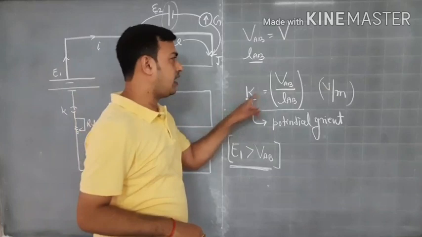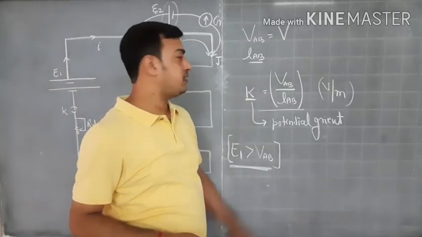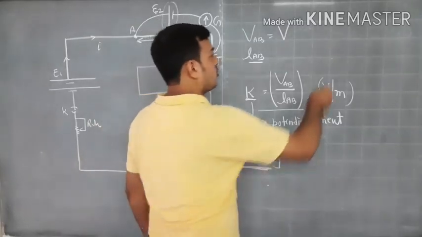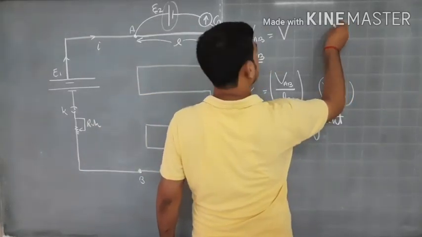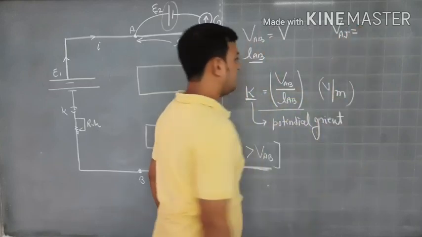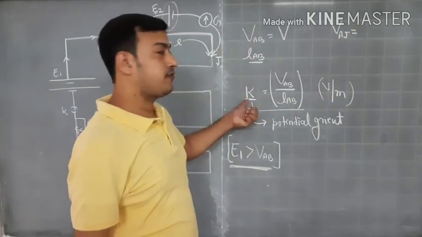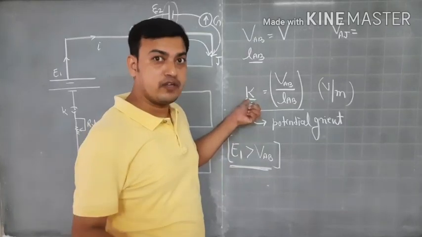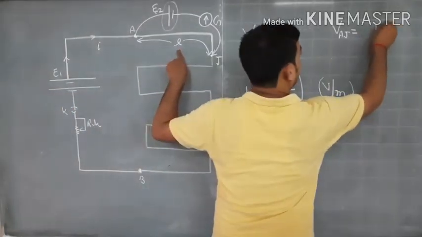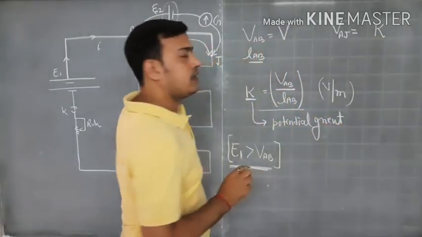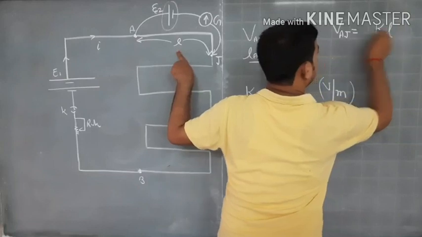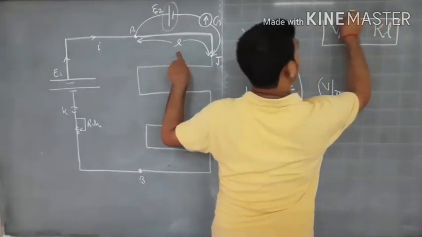So we know that K is the potential gradient. It tells the voltage drop per unit length. Now we will apply the unitary method: if K is the voltage drop per unit length, then for L length the potential drop will be KL.